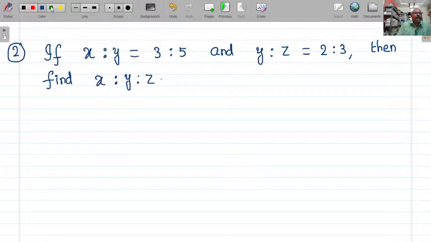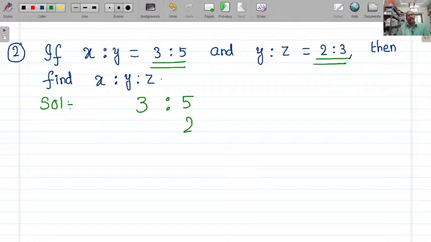Instead of writing everything directly, let us proceed like this. Write down first 3 is to 5, and under this 2 is to 3. Now follow this strategy. Multiply 3 with 2, multiply 5 with 2 and multiply 5 with 3.